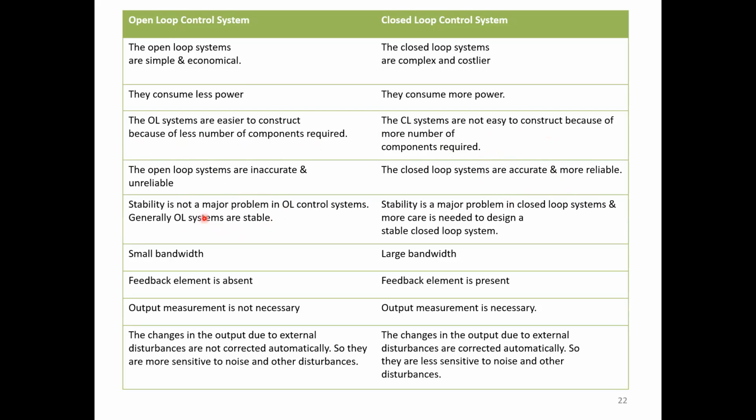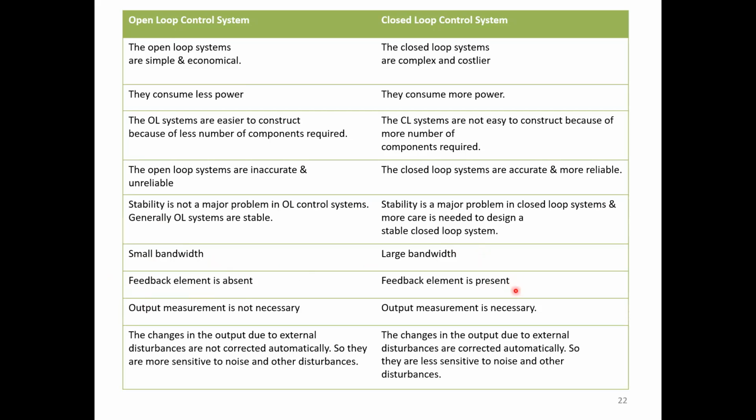And stability is not a major problem in open loop system. Generally, open loop systems are stable, but the closed loop systems are not that stable like the open loop system. And open loop system has the lower bandwidth. On the other hand, closed loop system has the large bandwidth. The feedback element is absent in the open loop control system.